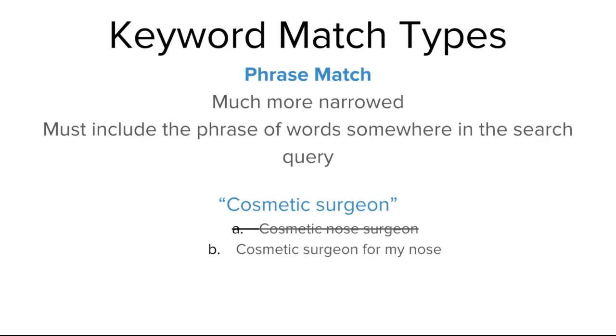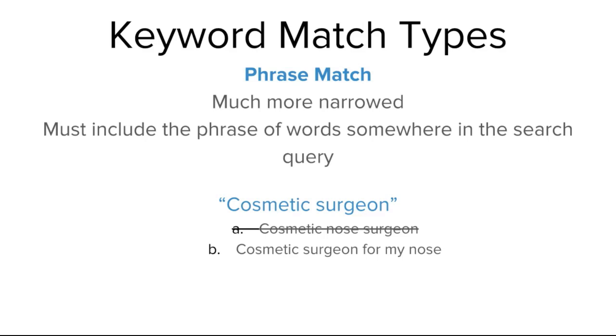But if someone typed in cosmetic surgeon for my nose, then it would trigger your ad, because for my nose is coming after the phrase that you said has to be included. So it can include words around the quotation marks. Any words that are there, it's going to show for those. You just have to keep an eye on those through your search terms report, which I'll go over with you guys in a later lesson.